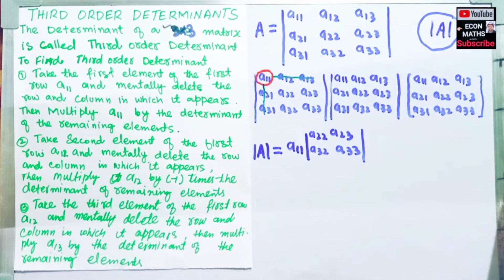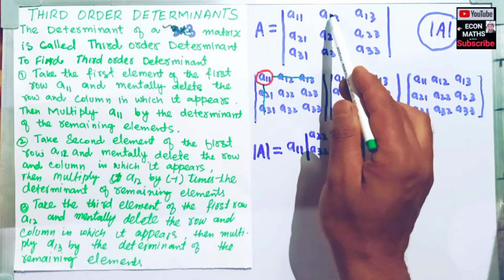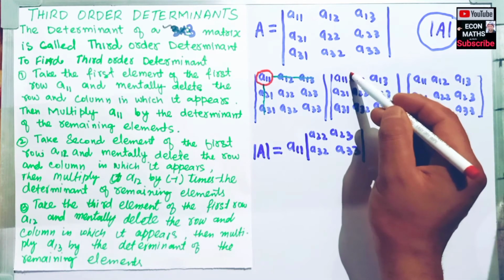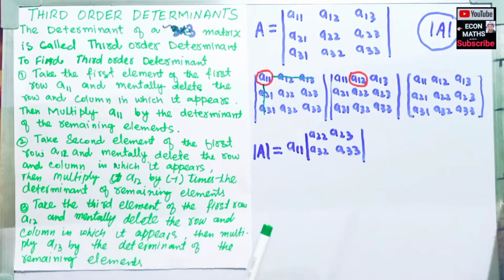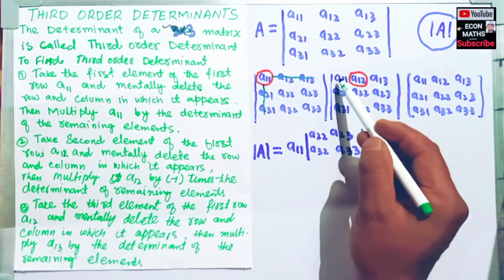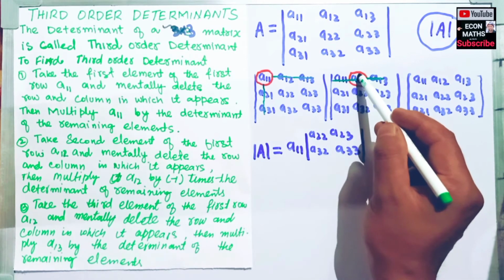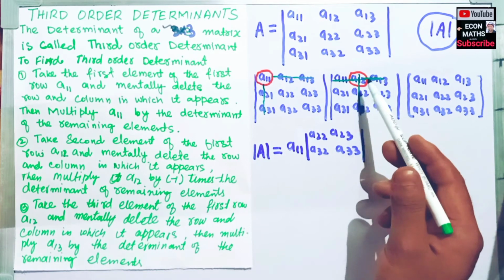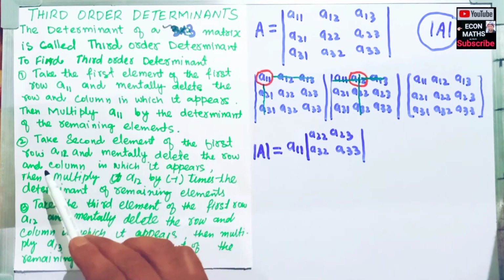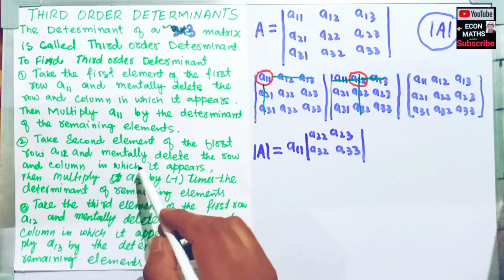Now similarly we take the second element of the first row, A12, and mentally delete the row and column in which it appears.